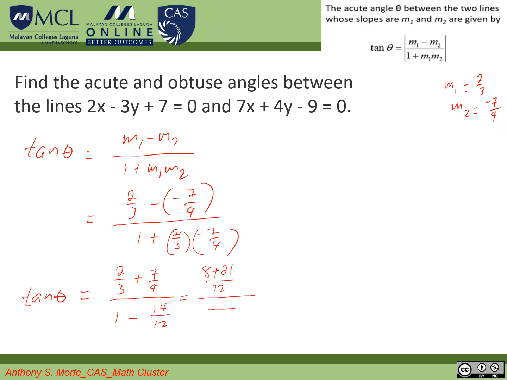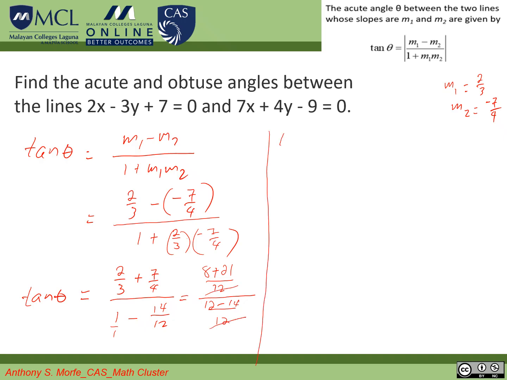And here, find the LCD. 12 over 1, 12 times 1, 12, minus 12 divided by 12, 1 times 14. Okay, so in the denominator, 12 and 12 cancel.